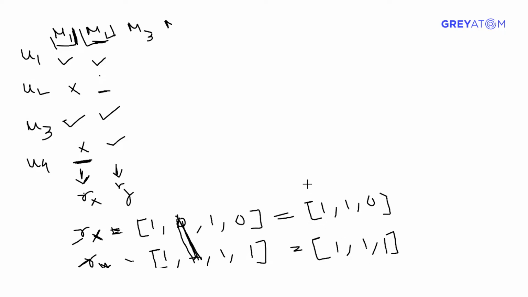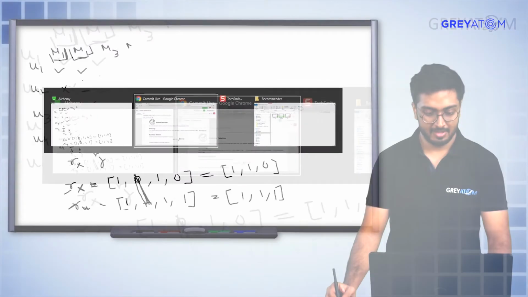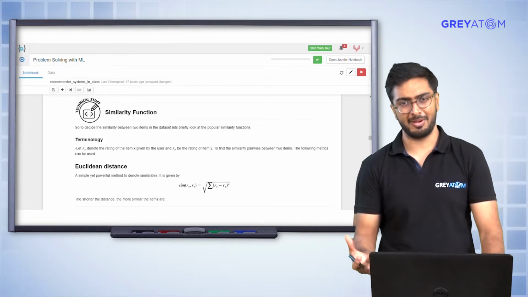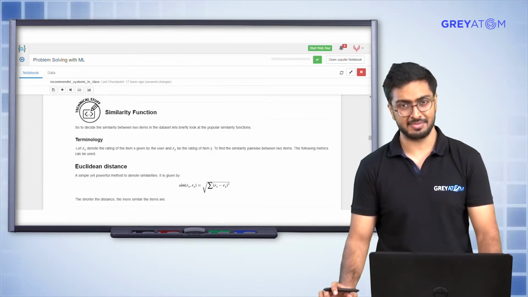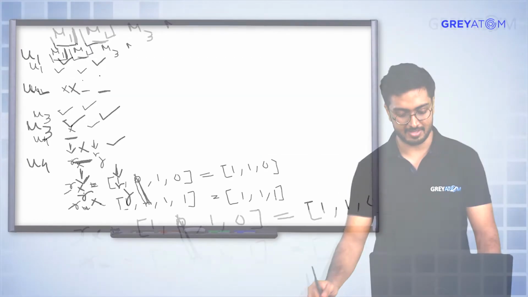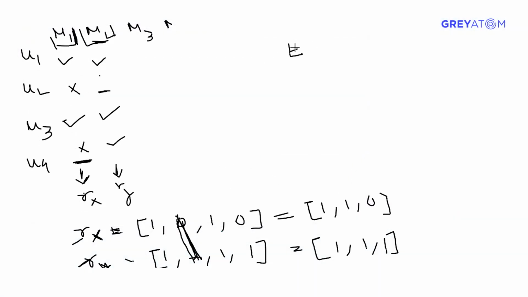So what are the ways you can calculate distances between them? The first one is called Euclidean distance, something you are already familiar with. L2 distance, as we call it, we have seen it in clustering as well, and in L2 regression. It's a very simple concept. How do you calculate Euclidean distance?